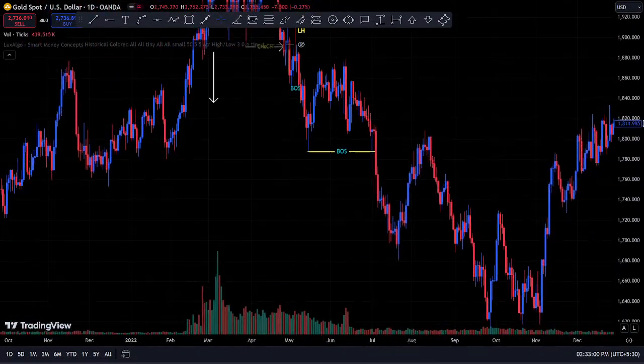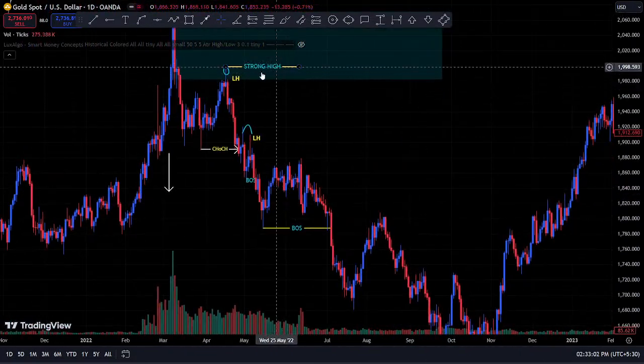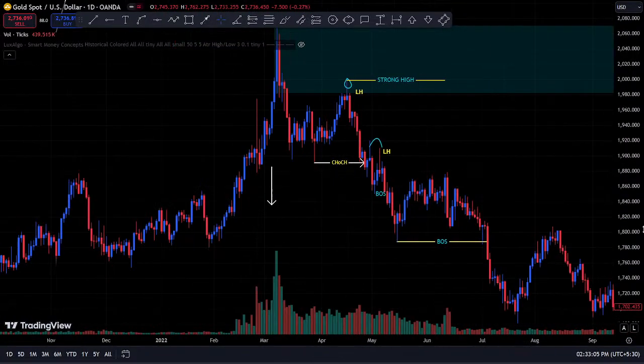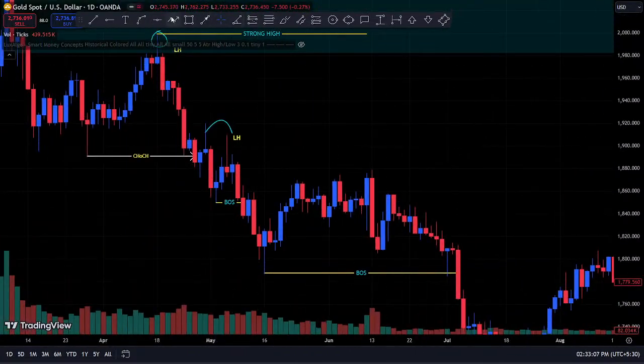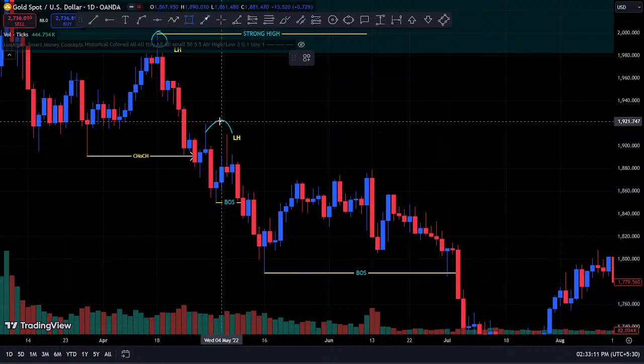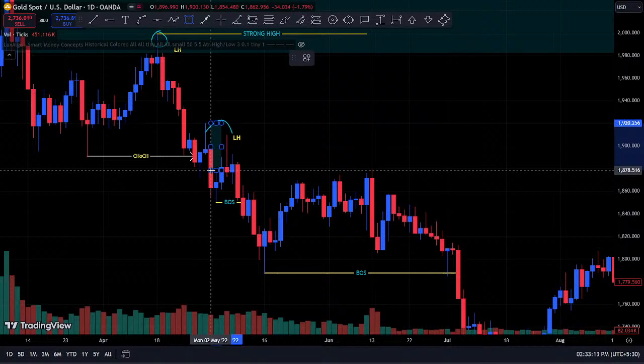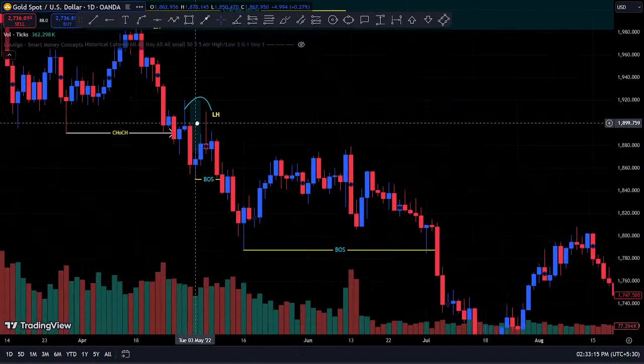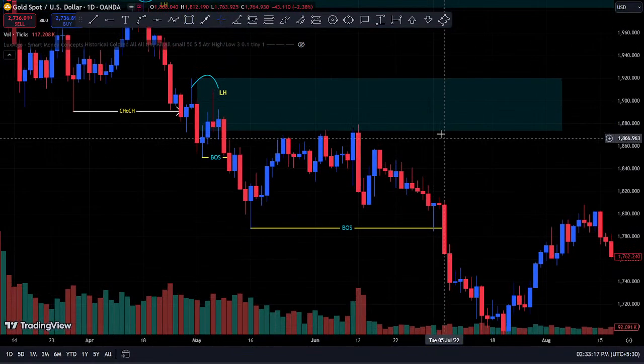Whenever the price hits these particular areas, let us mark this. The candle or the price which led to that particular lower low to form. Okay, so this was the area.